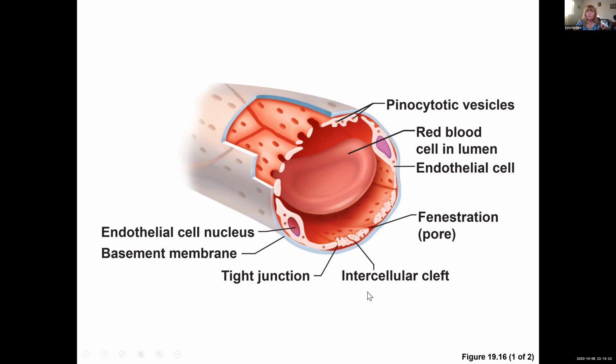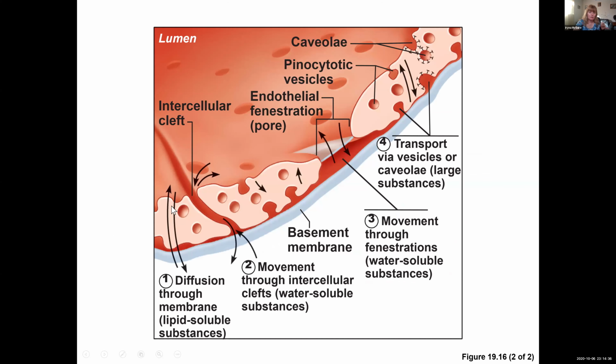And it's called the intercellular cleft. So pretty much, stuff can go through these pores or through this intercellular cleft. Here you can see diffusion of lipid-soluble molecules through the membrane.